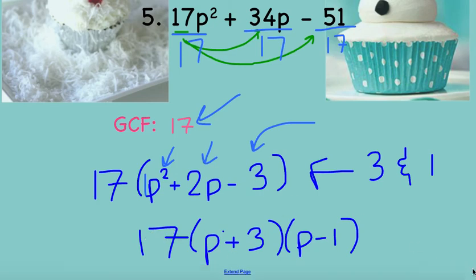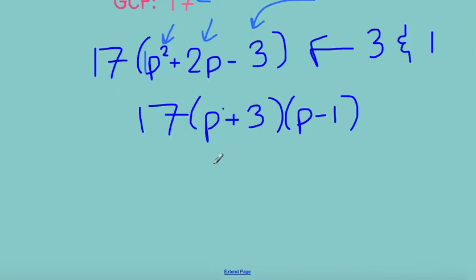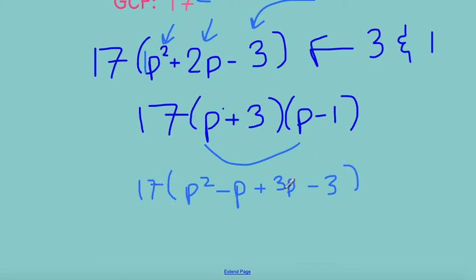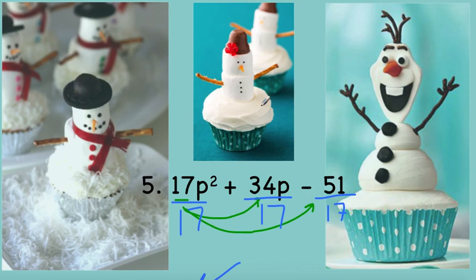So then we want to go ahead and check just to make sure that we did it correctly. We'll get p squared, we'll get negative p plus 3p, and then minus 3. And we still have the 17 out front, okay? And then if we distributed the 17 throughout, we will end up with the same answer up here.